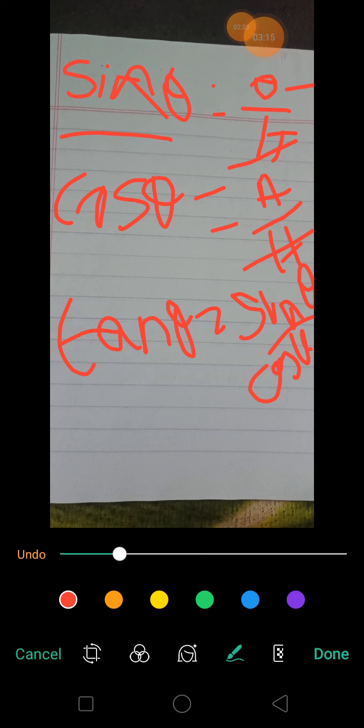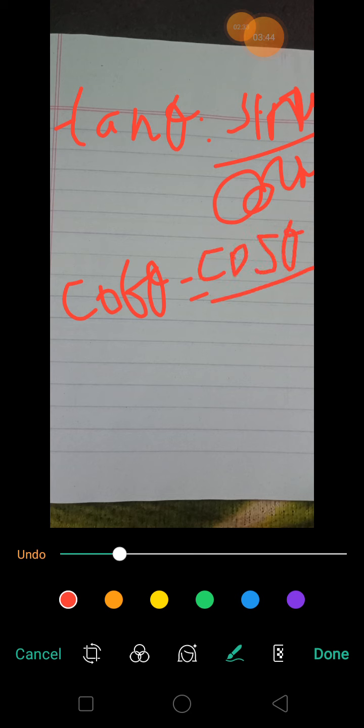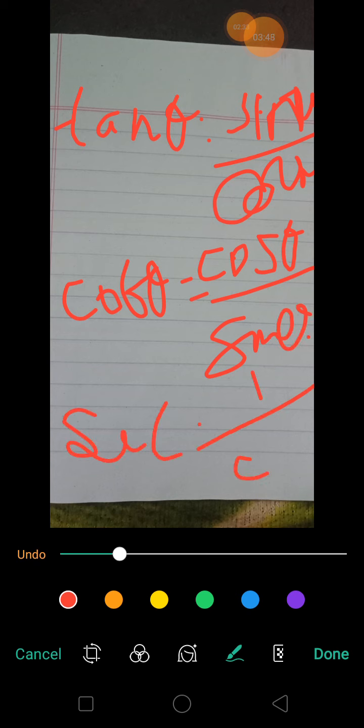Okay, so usually you have to know all this. Cot theta I can write as cos theta by sin theta. Secant theta, I can write 1 by cos theta, you know that.